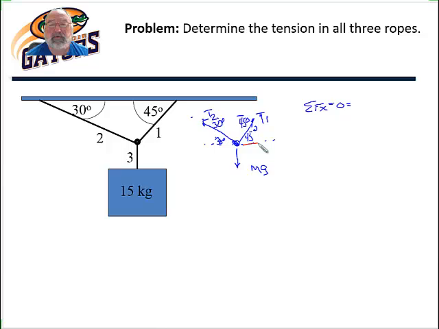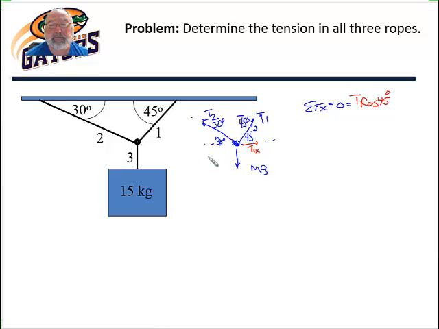So the x component of T1, we would call that T1x. And it's adjacent to the 45 degree angle. So we would say that's T1 cosine of 45.